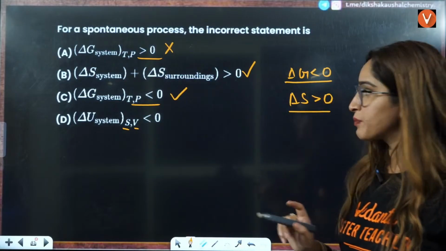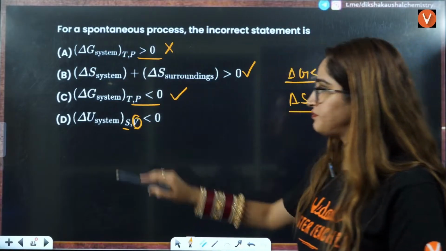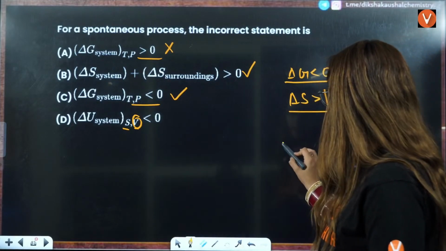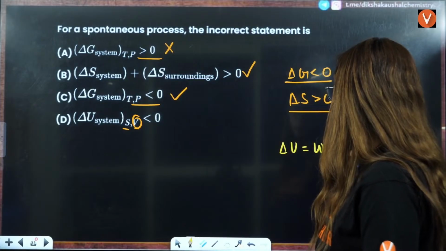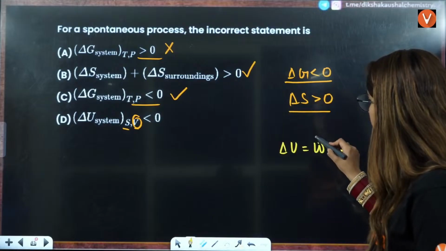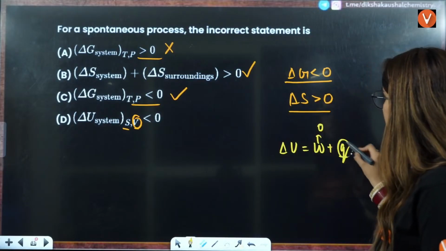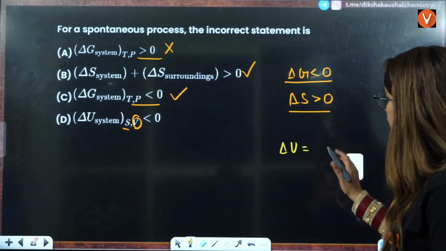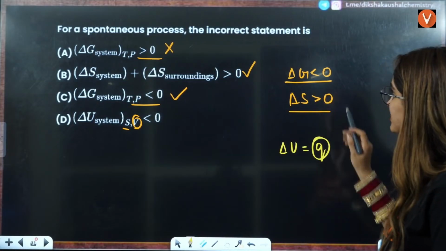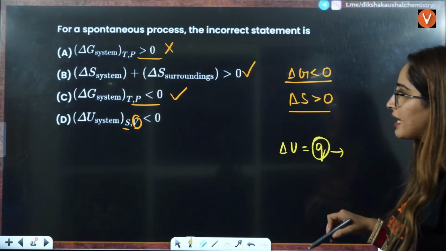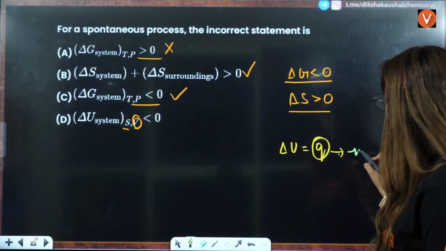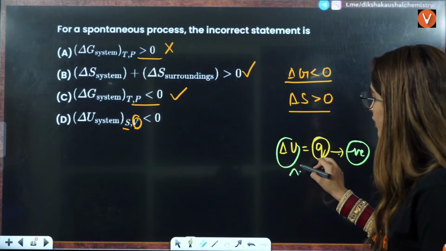For an isochoric process, let's say delta U equals Q plus W. If I am saying constant volume, W is going to be 0, so delta U equals Q. For a spontaneous process, if delta G is negative, this is going to be negative and this is also going to be negative.